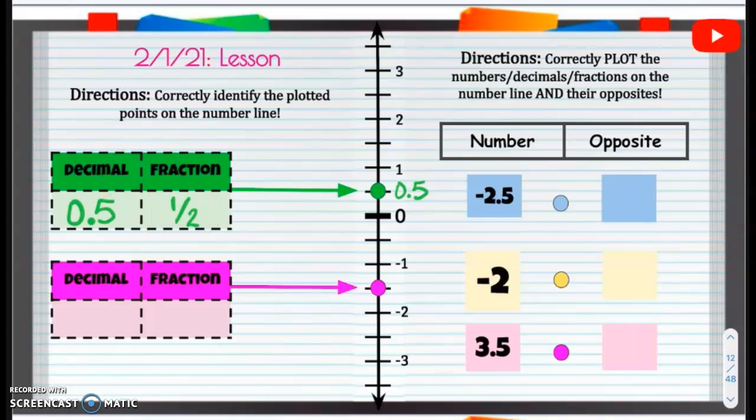All right, let's take a look at the next one. So if we go up by halves, so 0.5, 1, 1.5, 2, 2.5, 3, 3.5, and so on.